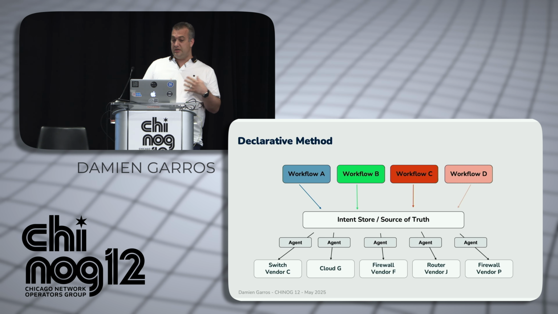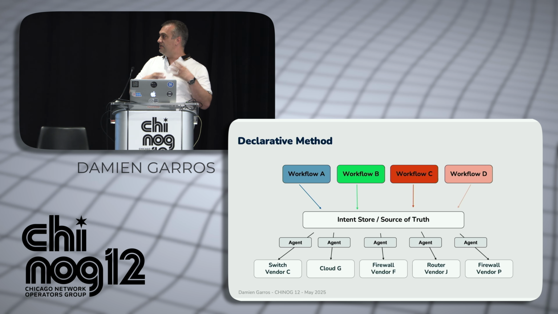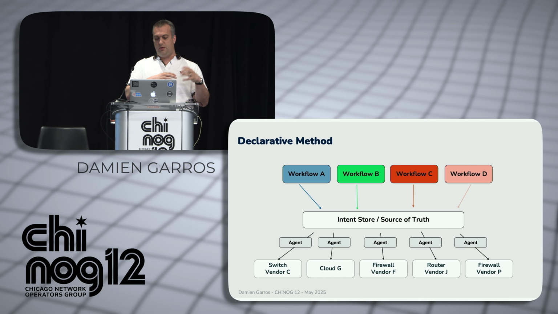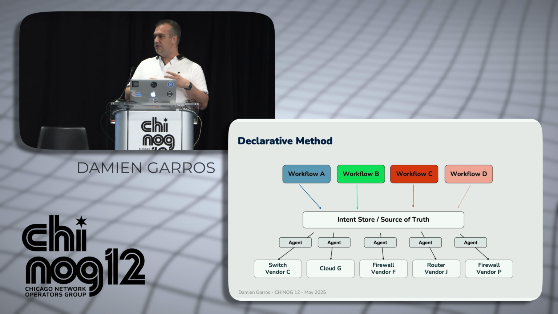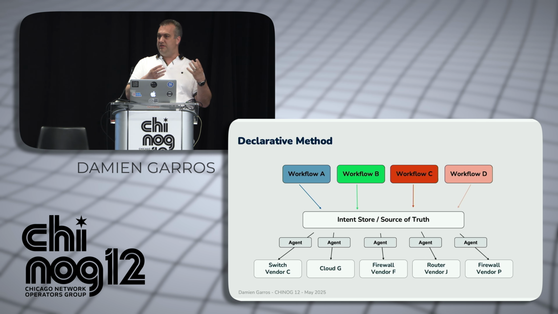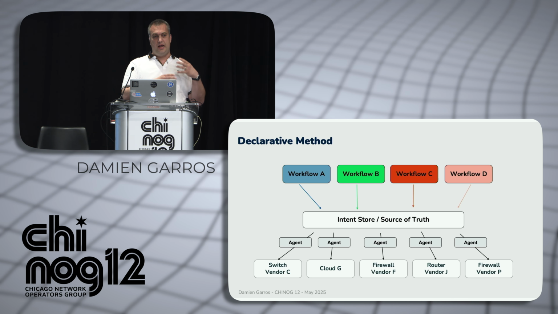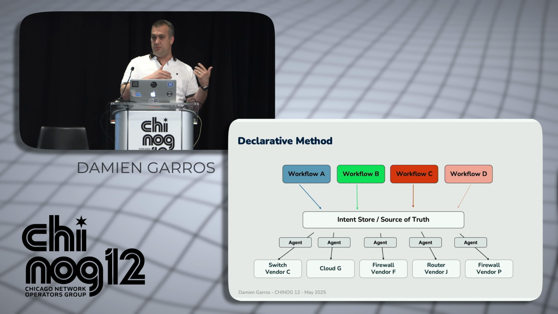The other approach is, if we go with the declarative method, the big difference is here you usually have this data system in the middle, whether you call it a source of truth, an intent store, Git. Because it's a declarative approach, you need to store what things need to look like. It builds this level of abstraction between your workflow and the different systems that you manage.